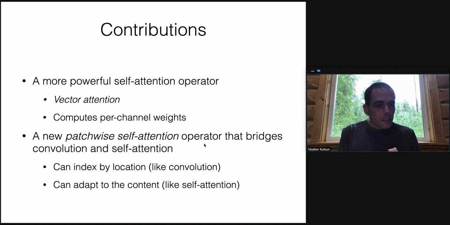We have a number of technical contributions in this work, which include introducing a more powerful family of self-attention operators. The key idea is that self-attention operators that are commonly used in natural language processing, in transformers and the like, compute a scalar weight for each data point.